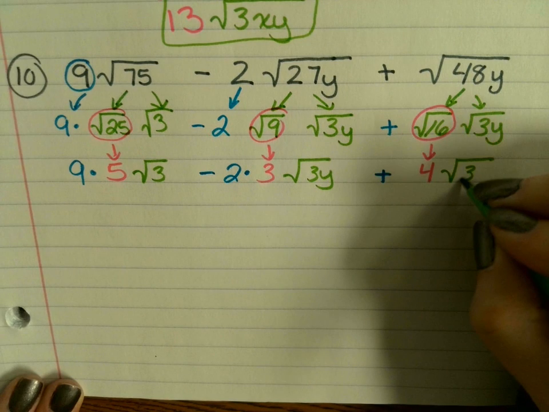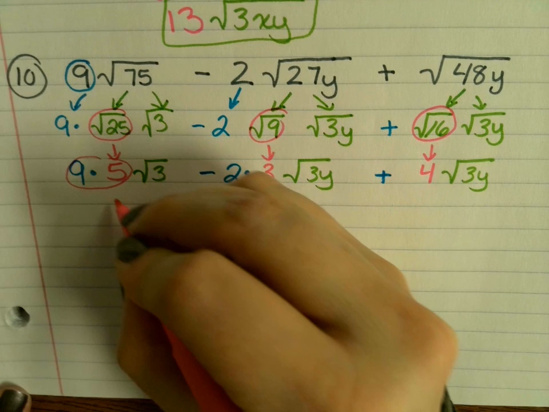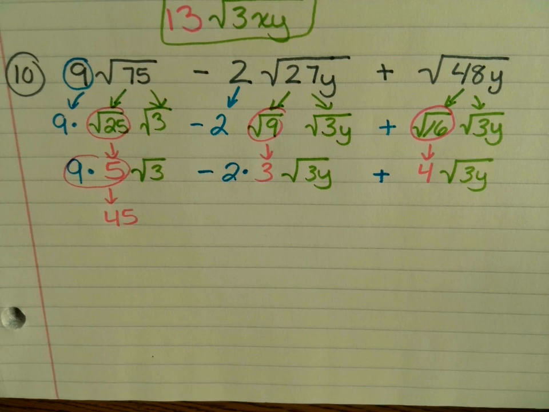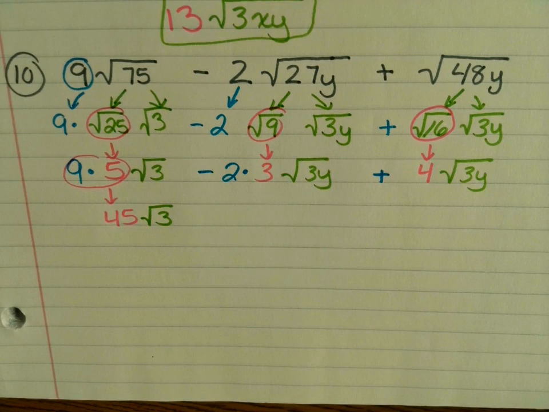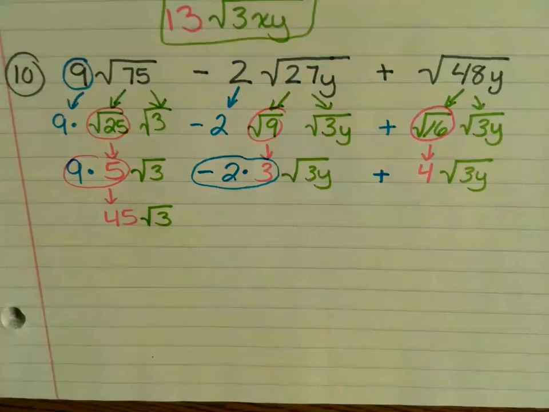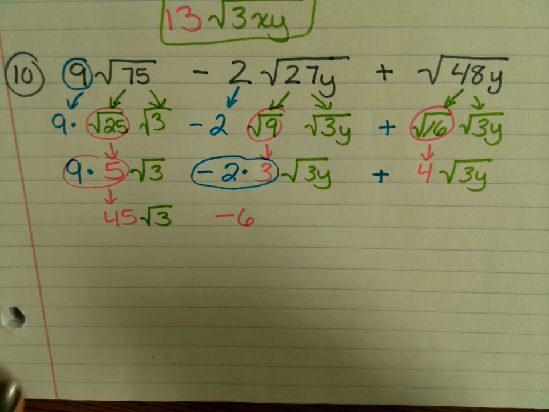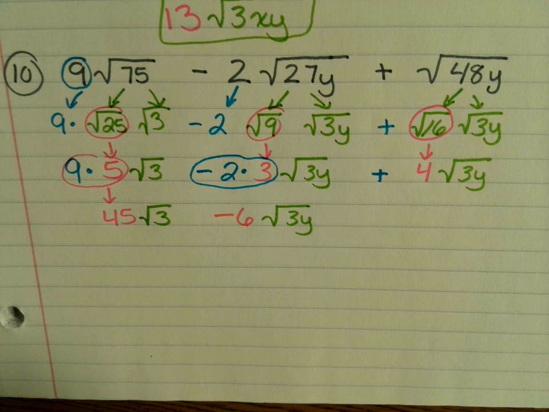So now we got to do that 9 times 5. 9 times 5 gives me 45. So I have 45 square root of 3. And then I've got to do negative 2 times 3, which comes out to being negative 6 square root of 3y. And then a positive 4 square root of 3y.